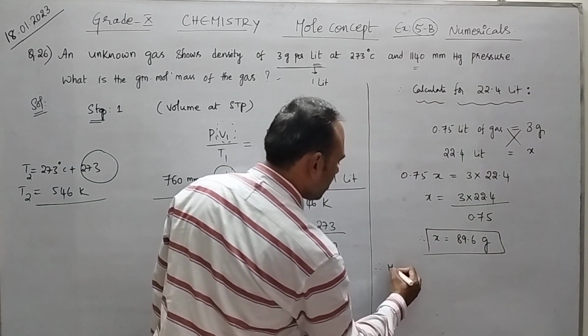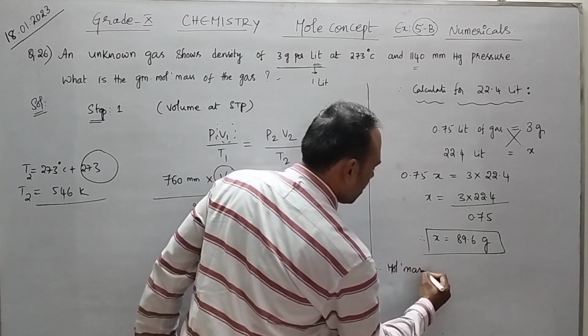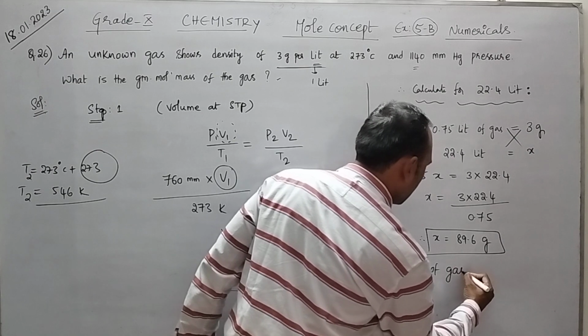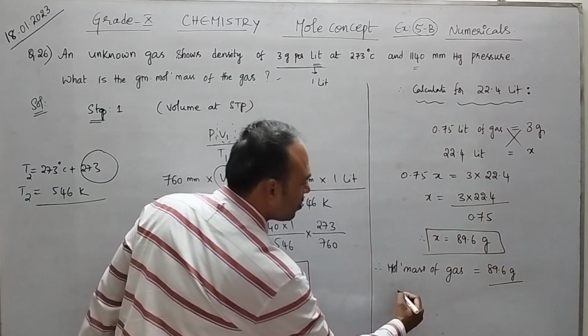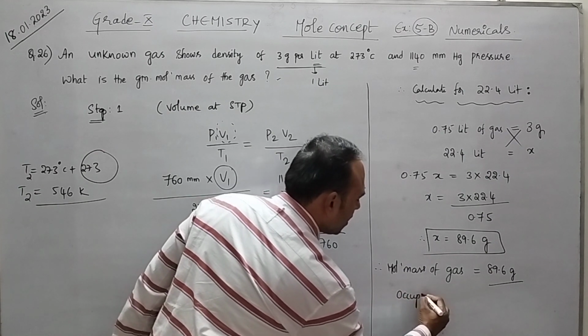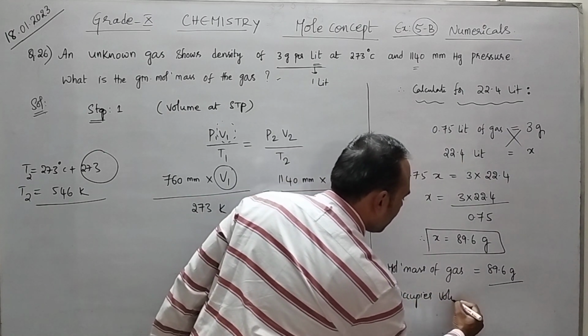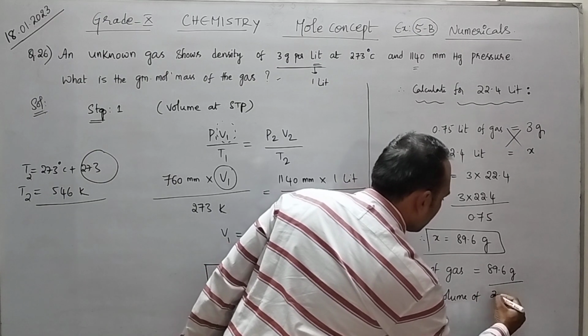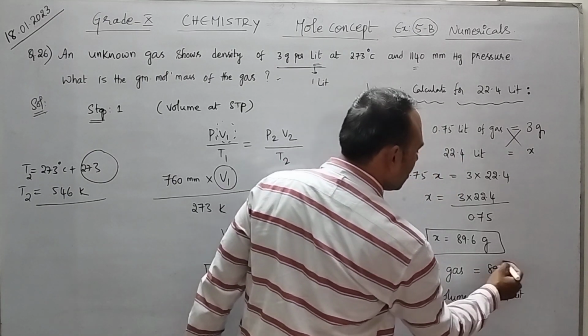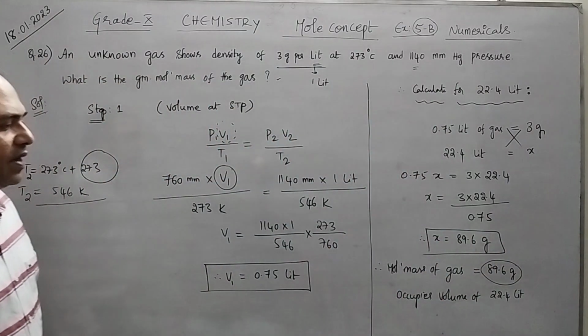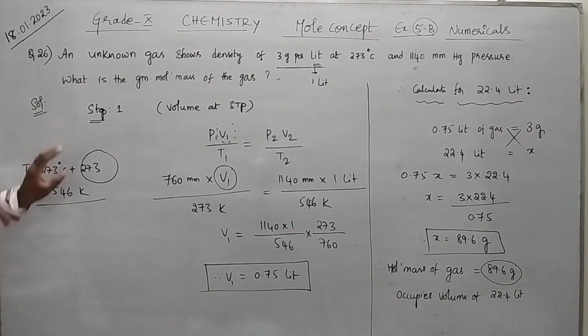So the molecular mass of the gas is 89.6 grams, and it occupies a volume of 22.4 liters. So the gram molecular mass is 89.6. Make a note of this and let us move to question number 27.